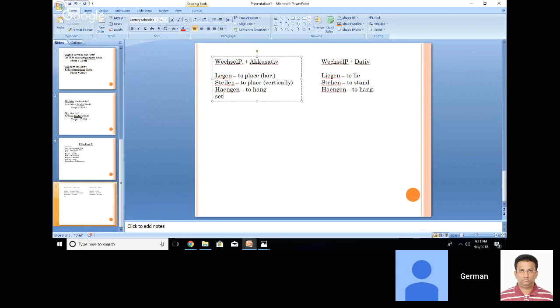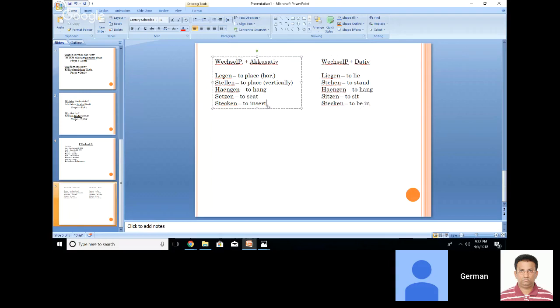Next one, setzen, is to sit. And sitzen is to sit. Stecken is to insert. Second stecken is to be in.